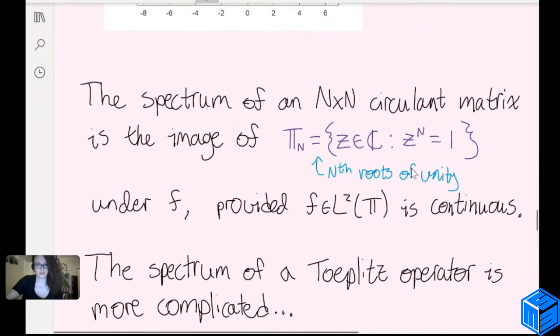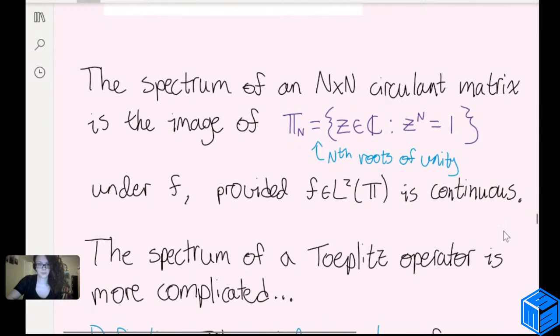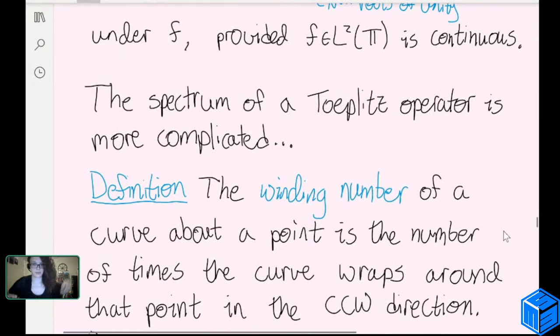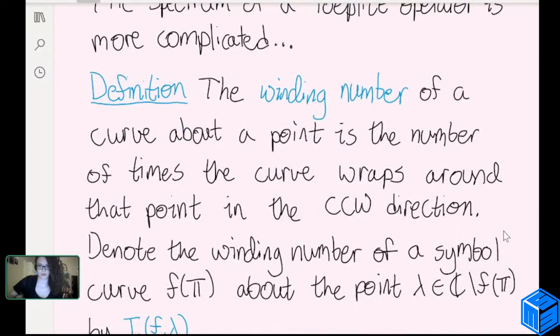Now, the spectrum of a Toeplitz operator is more complicated. And so first we need another definition before we can talk about Toeplitz operator spectra. The winding number of a curve about a point is the number of times the curve wraps around that point in the counterclockwise direction. So if a curve wraps around a point once counterclockwise, then we have a winding number of 1.